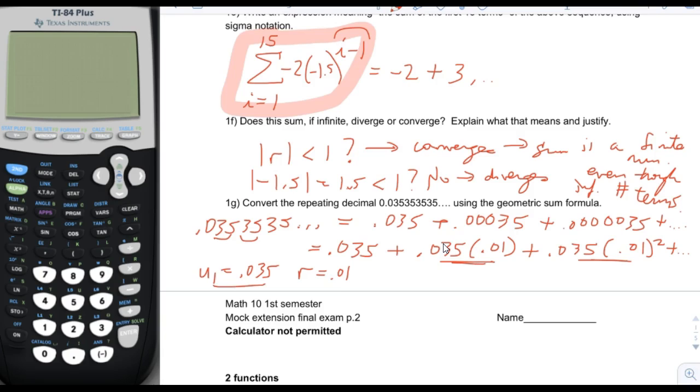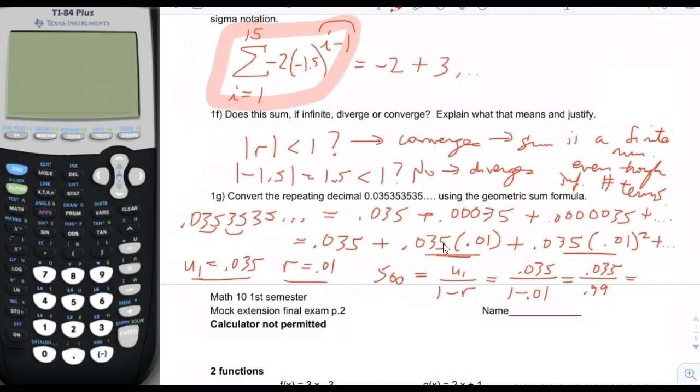So we have these two, and we have a formula which tells us that the infinite sum of a converging series is equal to u1 divided by 1 minus r. u1 in this case is 0.035. 1 minus r happens to be 0.99. So 0.035 divided by 0.99. I could convert that to a fraction. I could say 35 divided by 990. Okay? And that was the whole point.